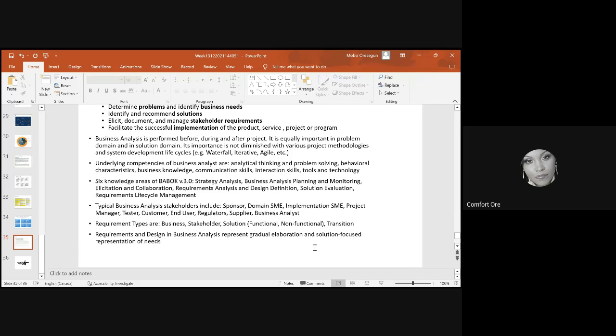Requirement types, remember we said there are four of them: the business, the stakeholder requirements, the solution, and transition. Solution is further broken into functional and non-functional. Requirements and design in business analysis represent gradual elaboration and solution-focused representation of needs.